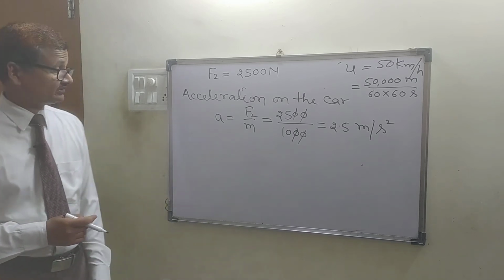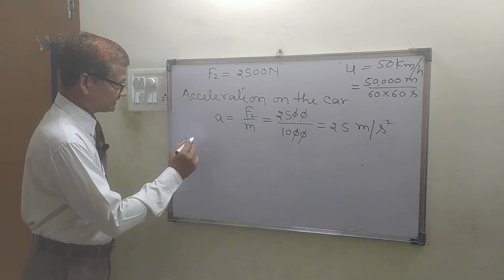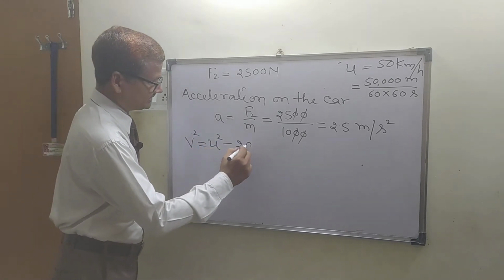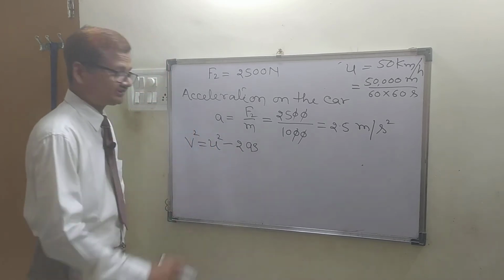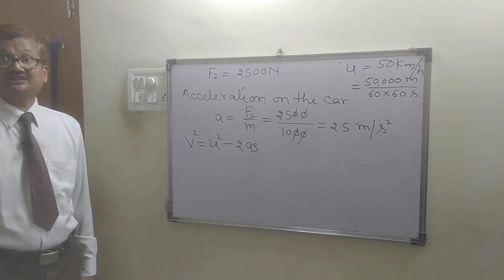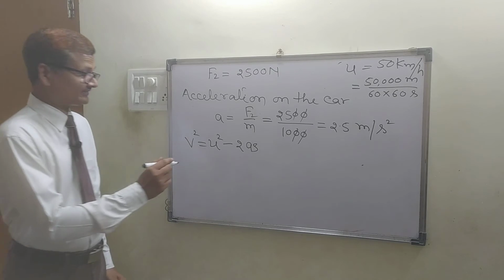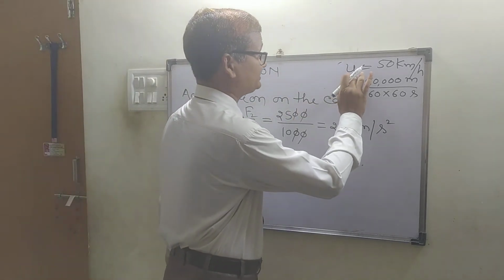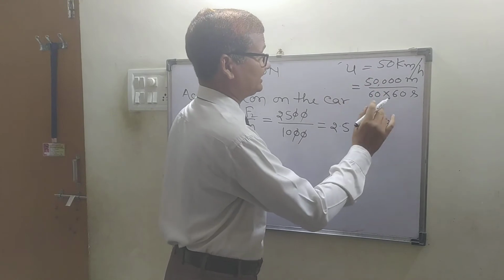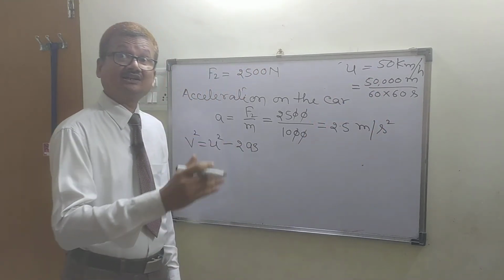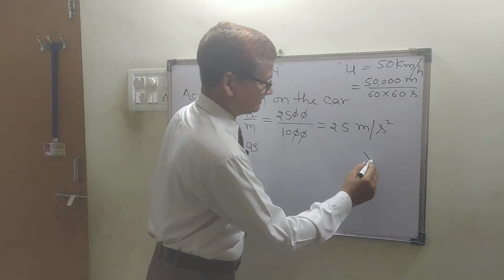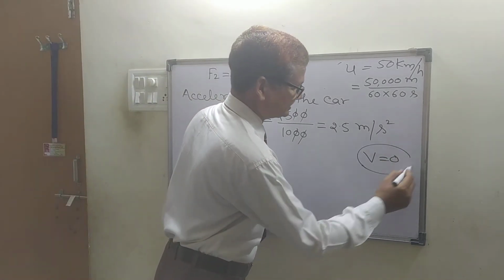You can use the kinematical equation, v square is equal to u square minus 2as, minus because the acceleration acting here is negative. When the brakes are applied, the car will be stopped and the velocity becomes 0. Therefore final velocity will be 0.